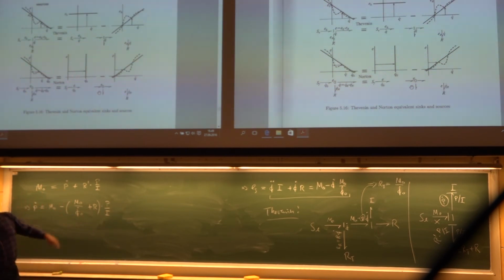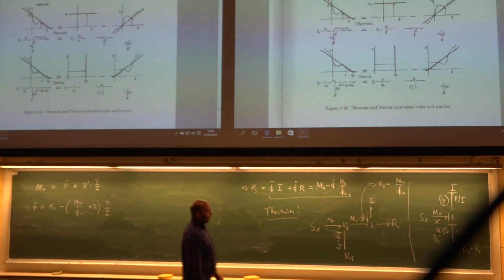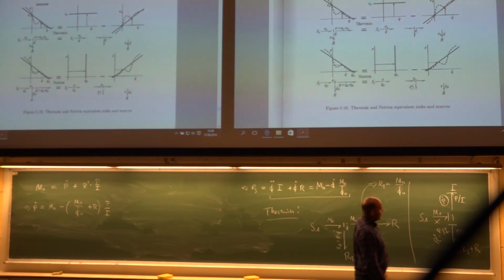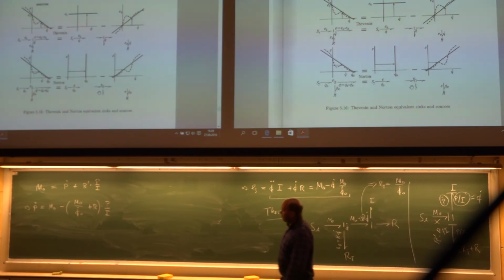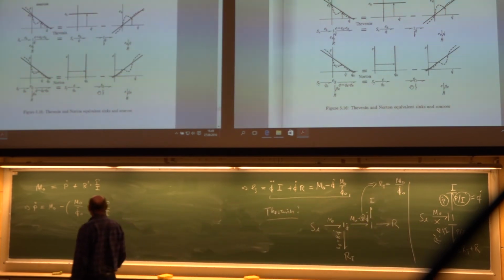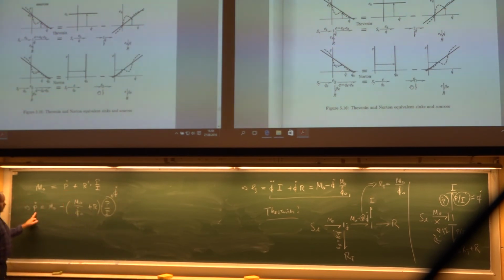Still doesn't look identical, does it? Well, but remember, what is P over I? Well, that's the flow. So you can substitute P over I with a phi dot. Okay, phi dot. Then what's this?